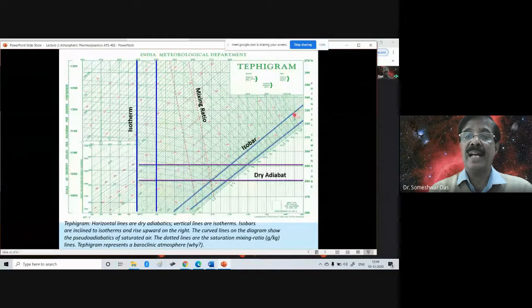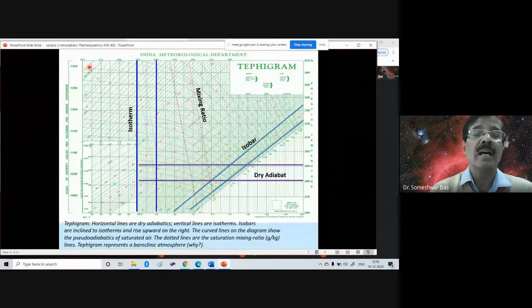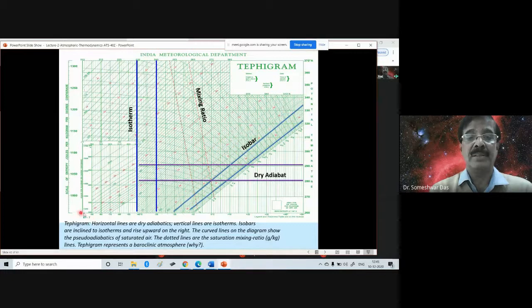These slant lines are the isobars, starting from, say, 1050, 1000, and so on, up to 150 millibar or so, different pressure levels in the vertical. And then these are the isotherms, on the x-axis.